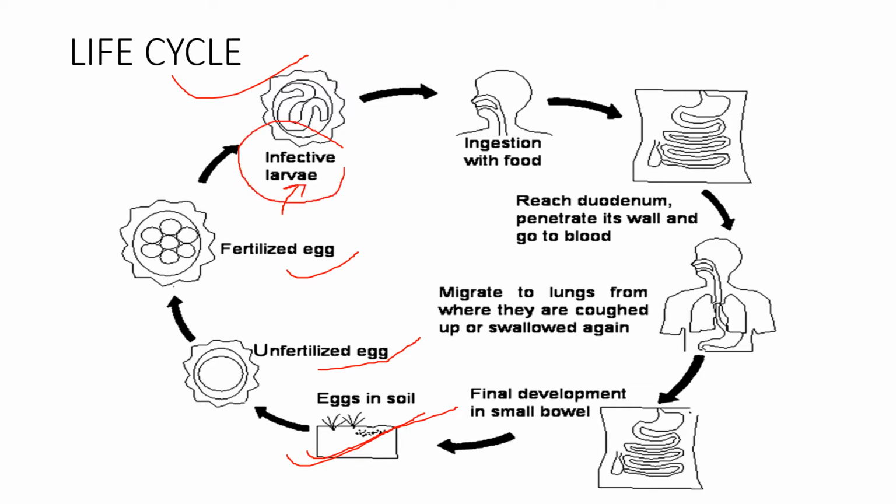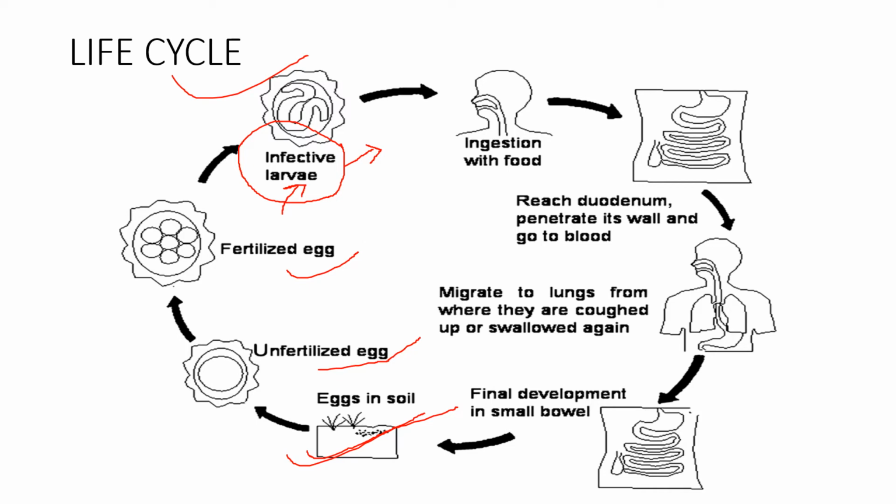If they enter our body, they are ready to cause infection. What happens next is the child ingests food which is contaminated with the infective larva, or drinks contaminated water, or uses hands which are contaminated with the infective larva.